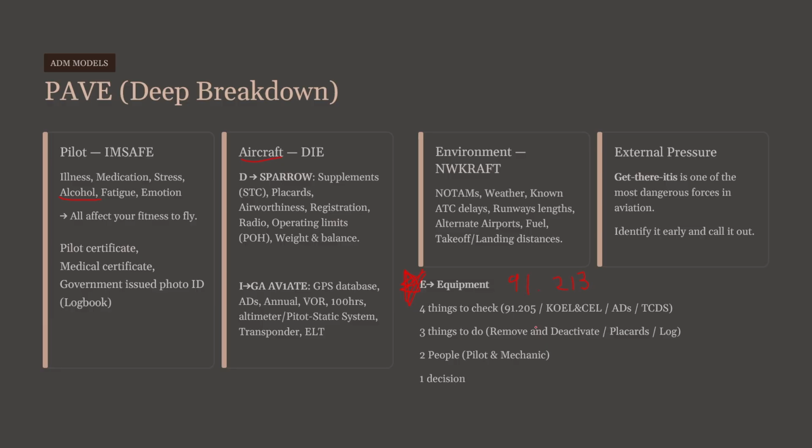planning to conduct. And second is KOEL, so kinds of operational equipment list in the POH, which tells me what equipment is required for specific operation. I can also reference the equipment list, sometimes called the comprehensive equipment list on POH, to verify what equipment is actually installed in the aircraft.